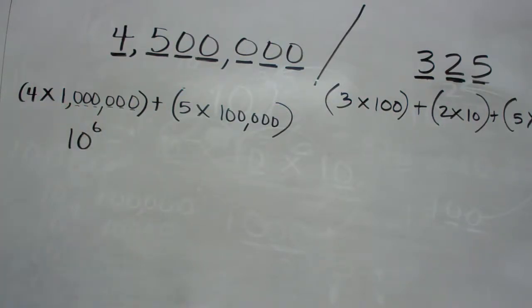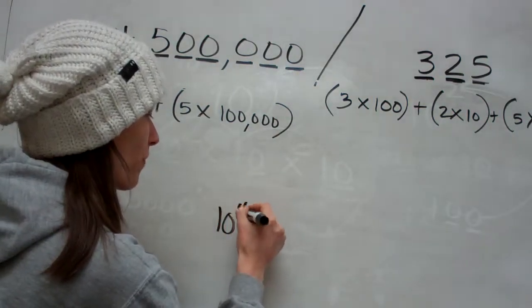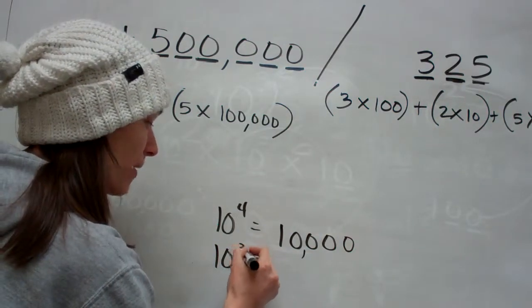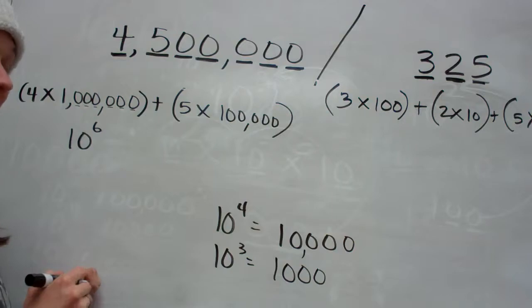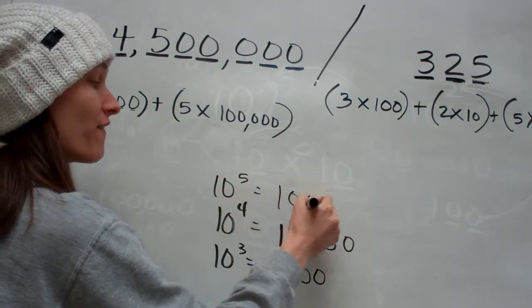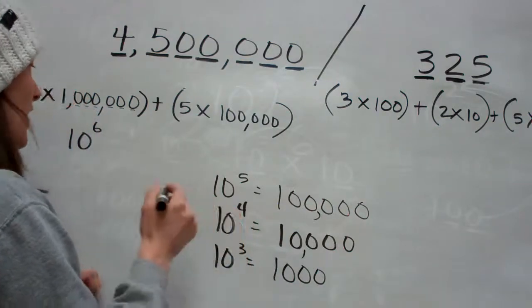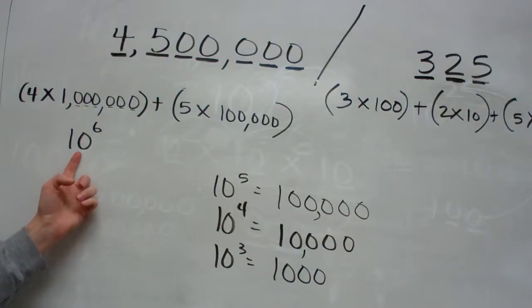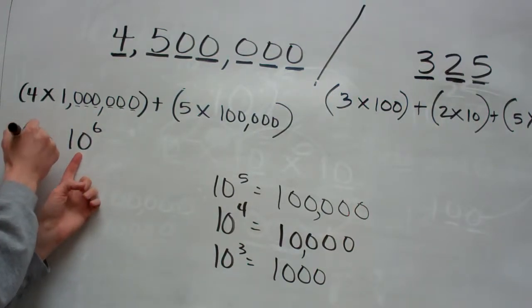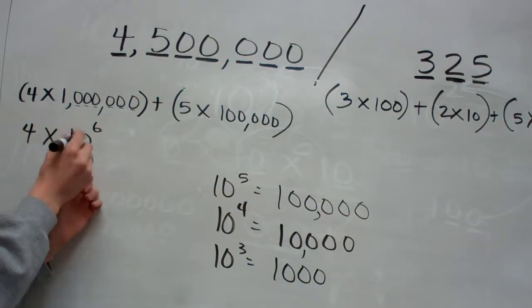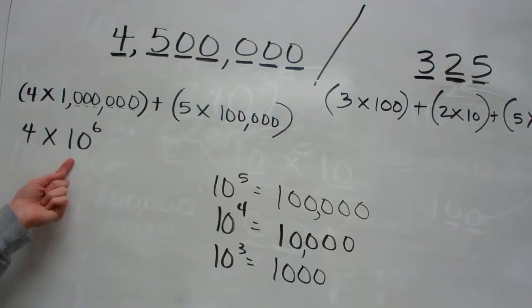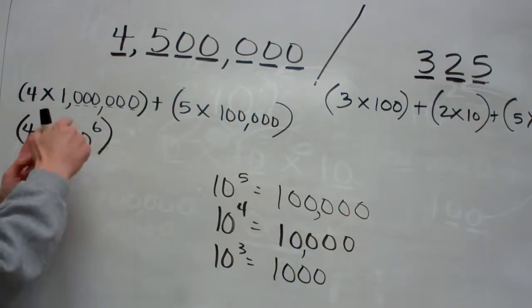Remember when we were doing that? 10 to the 4th power was 4 zeros. 10 to the 3rd power was 3 zeros. 10 to the 5th power would be 5 zeros. So 10 to the 6th power would be 6 zeros. Now watch what I did. 4, still got my 4, times 10 to the 6th power. We just wrote that in expanded notation using powers of 10. Okay. So that one's done.